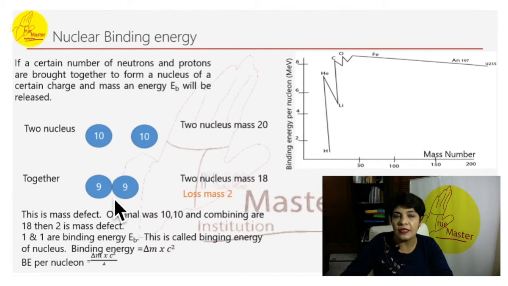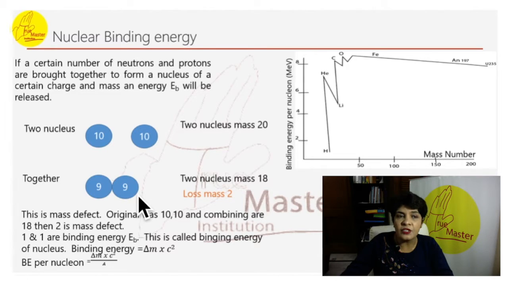So that is called the mass defect. Now, if for some reason we have to separate them again and bring them to an individual state like this, we have to give energy to them, and this is called binding energy. So how much energy we will have to give if we have to separate them will be 2 again. So that energy is called binding energy.